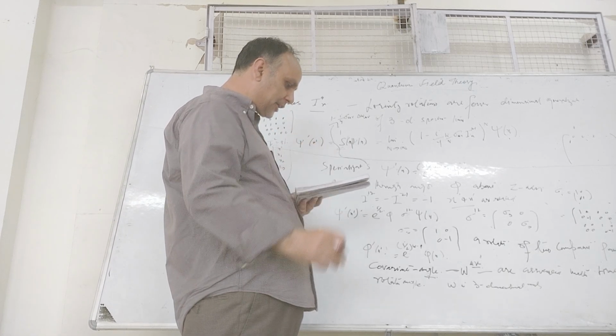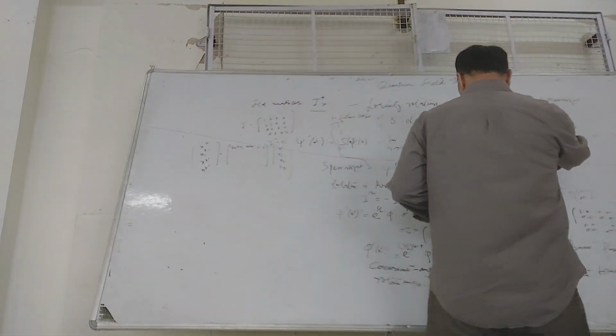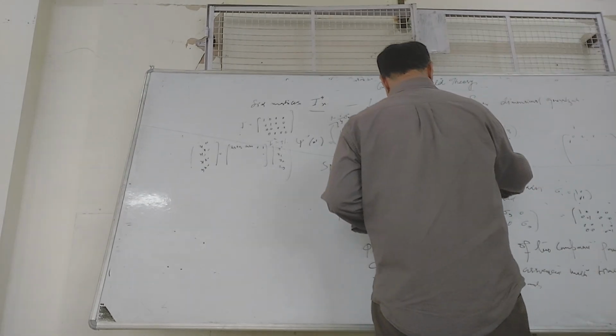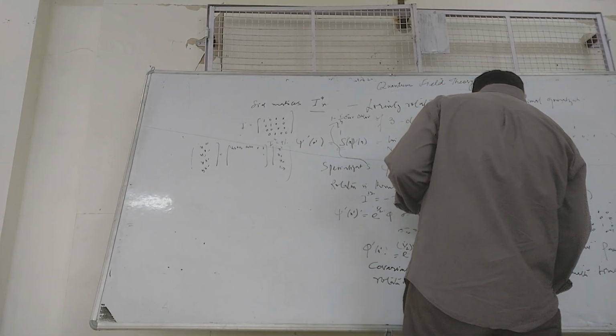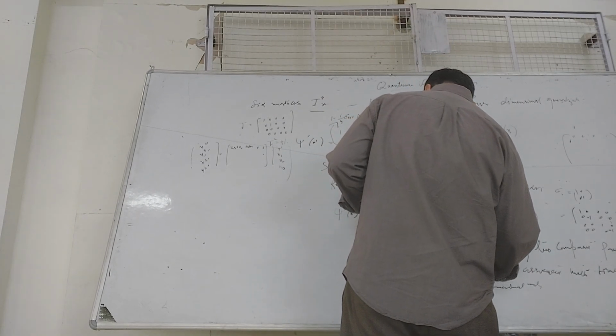Now this equation defines the rules for psi of x. It's 2.14, and this is 2.25.